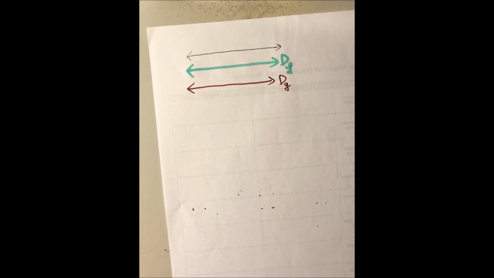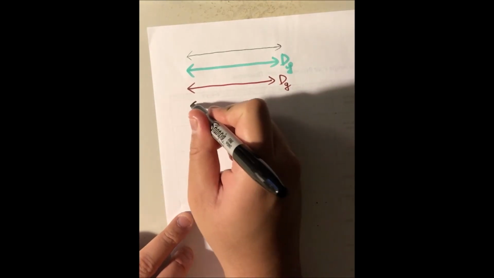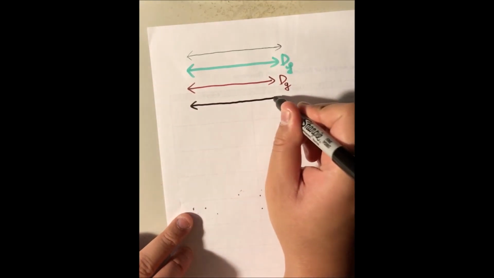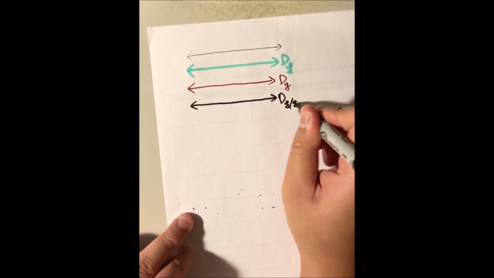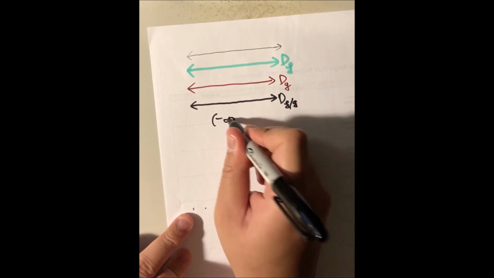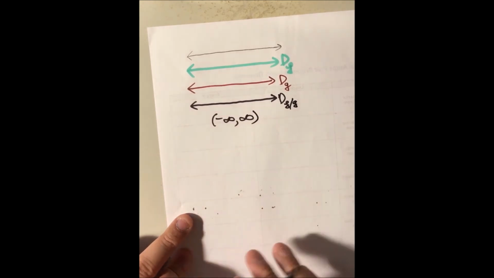So putting everything together, the domain of the quotient f over g is also going to be all real numbers, from negative infinity all the way to positive infinity.